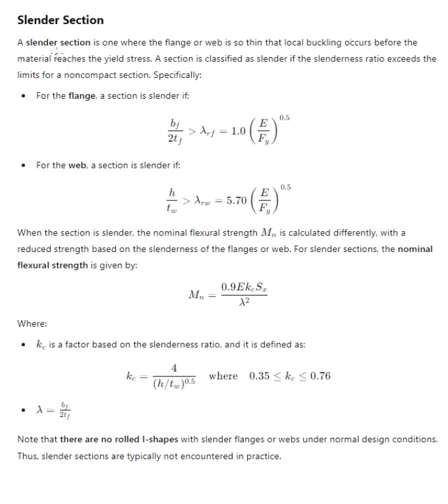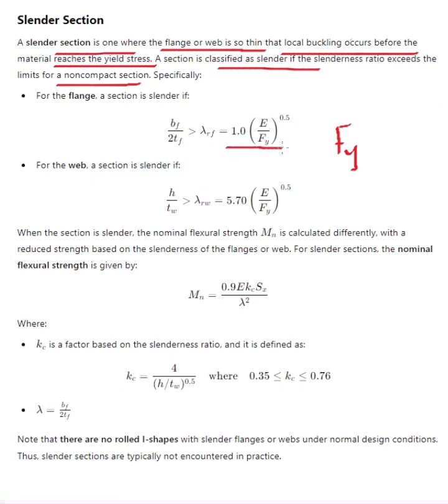Now let's see the slender section. A slender section is one where the flange or web is so thin that the slenderness ratio is very high. Local buckling occurs before the material reaches its yield stress. A section is classified as slender if the slenderness ratio exceeds the limits of a non-compact section.